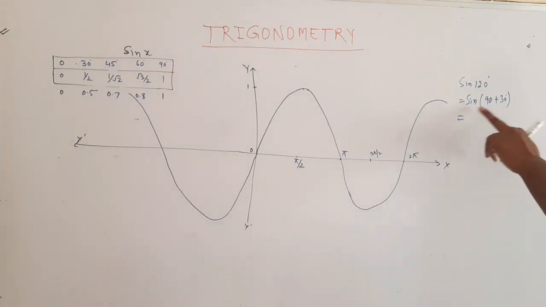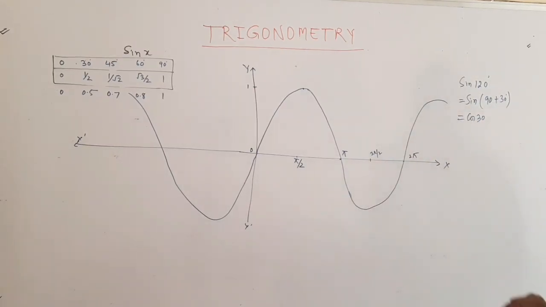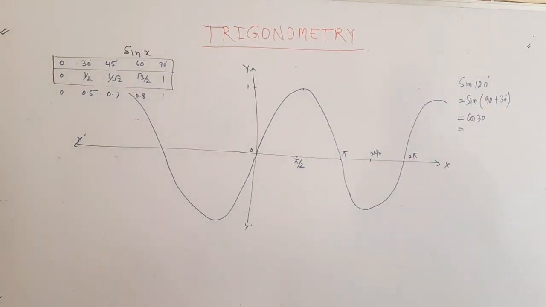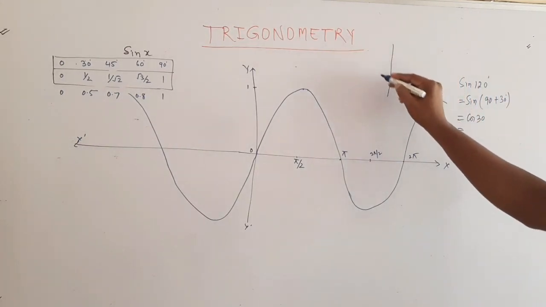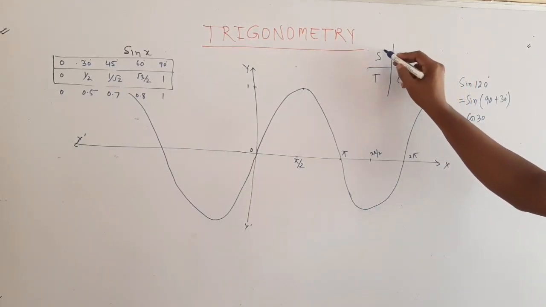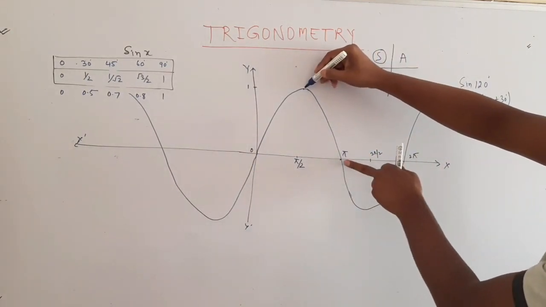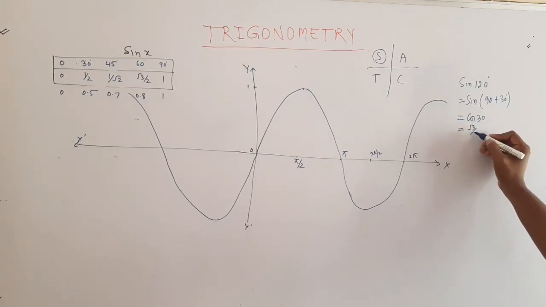In this case sine will become cosine, so this will become cos 30, and in the second quadrant sine remains sine, because you remember when we discussed ASTC, in the second quadrant sine is also positive. So this value is positive, but it is in decreasing order because it is cos 30, which is root 3 by 2, so this is 0.8 something.